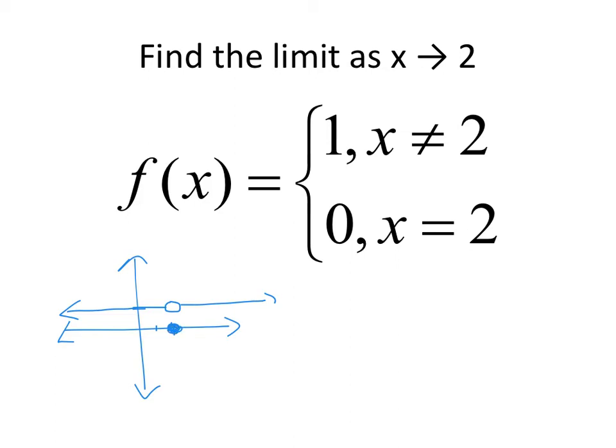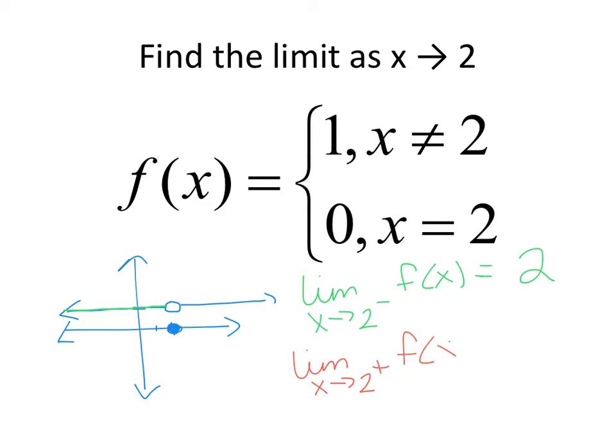So when I want to evaluate my limit, I'm going to start with the limit as x approaches 2 from the left of f of x. So that means I'm following along the line right here, and I can see that it is approaching 1. Okay? As I go from the right, the limit as x approaches 2 from the right of f of x, I'm following the graph, following the graph, following the graph.